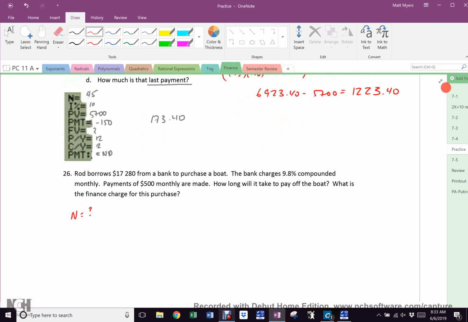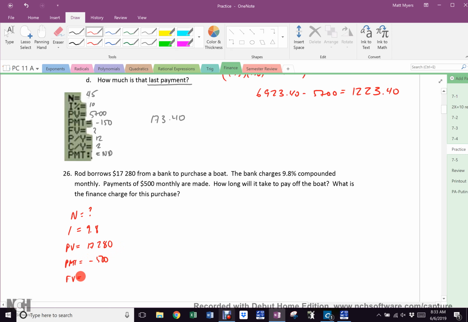So let's go. Our interest rate, we've got that, 9.8. Our present value, how much did the guy get from the bank? 17,280. Positive or negative? Positive. But does it really matter? As long as one's positive and one's negative, we'll get the right answer, yeah? Payment, what's dude paying? Negative 500 because it's going out of his pocket.